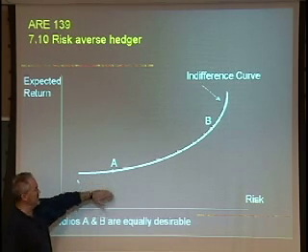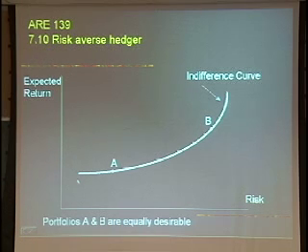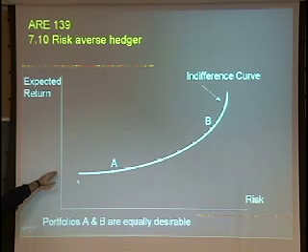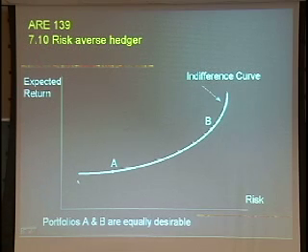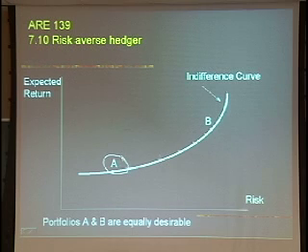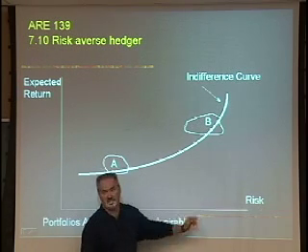So you've got two portfolios. There's portfolio A, it has low risk and low return. You're risk averse, so you like the low risk, but it is accompanied by low return. But if you are risk averse, it's possible that that portfolio, depicted by A, is equally desirable to this portfolio, depicted by B, which has higher return but also has higher risk.